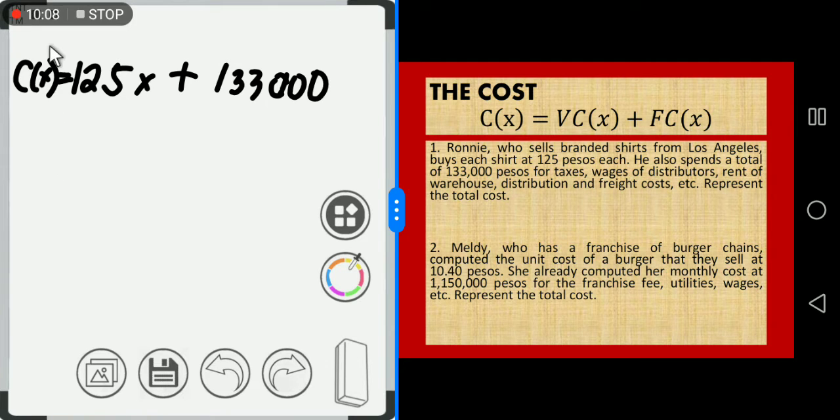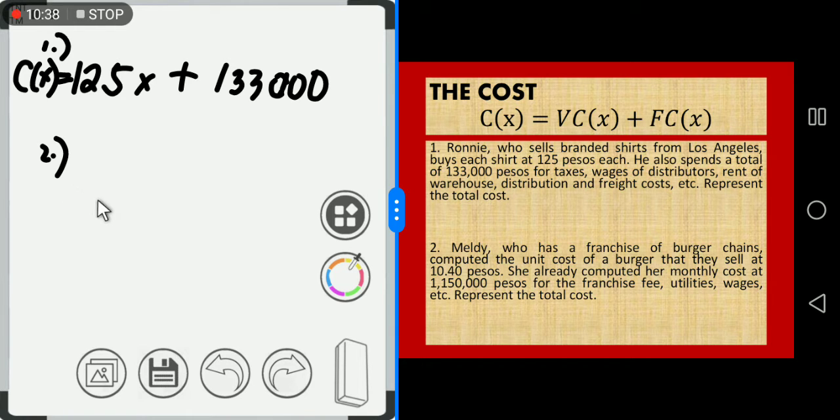So number 1. Then for number 2, Meldy, who has a franchise of burger chains, computed the unit cost of a burger that they sell at 10 pesos and 40 centavos. She already computed her monthly cost at 1,150,000 pesos for the franchise fee, utilities, wages, etc. Represent the total cost.